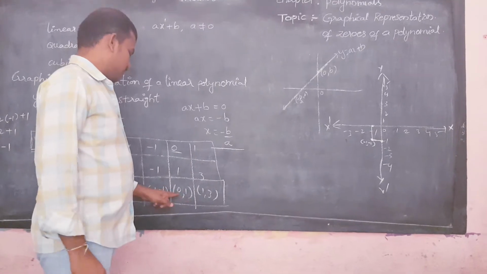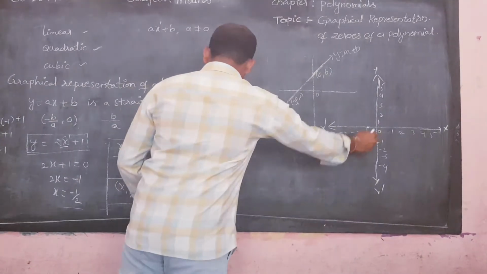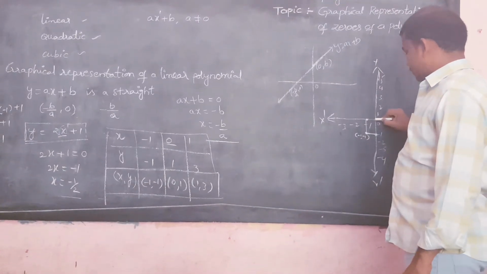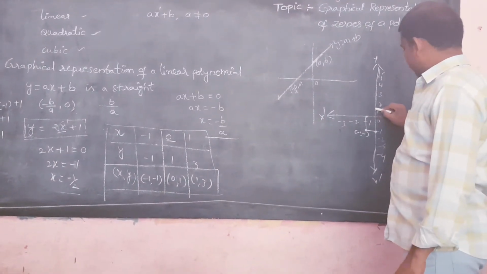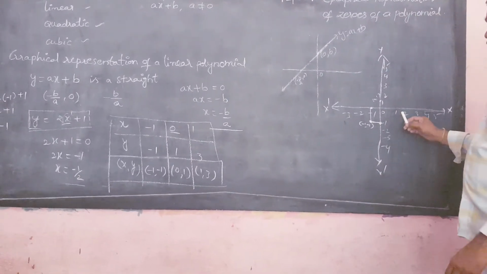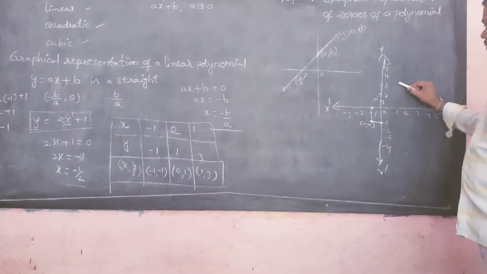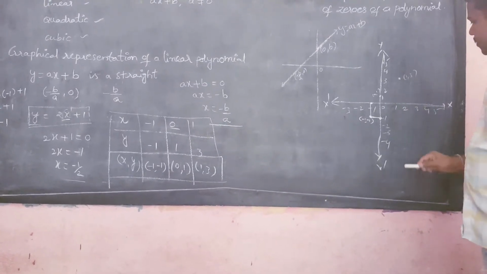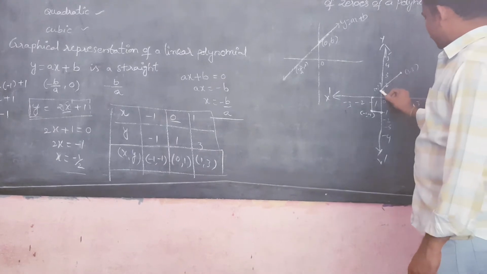Then 0 comma 1: the x coordinate is 0 and the y coordinate is 1. Then 1 comma 3: the x coordinate is 1 and the y coordinate is 3. So join them together.